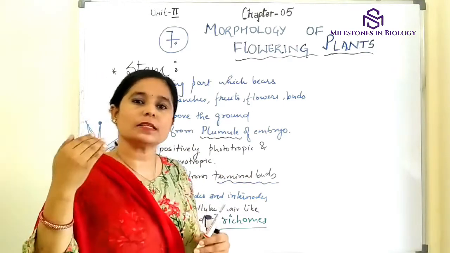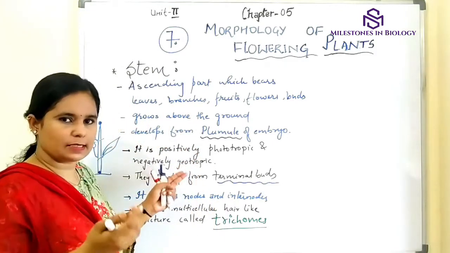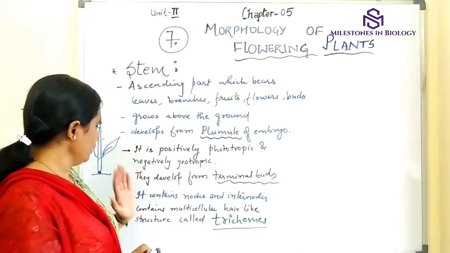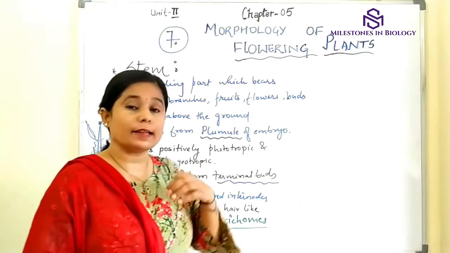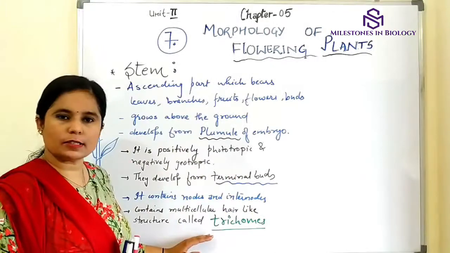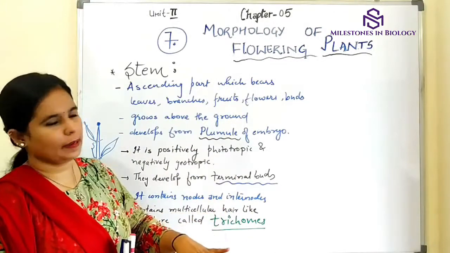Positively phototropic means it grows towards the sunlight. You will find exceptions here as I told you. They develop from terminal bud and it contains nodes, internodes. Plus some stems contain multicellular hair-like structures called trichomes. So it can be present, it cannot be present.